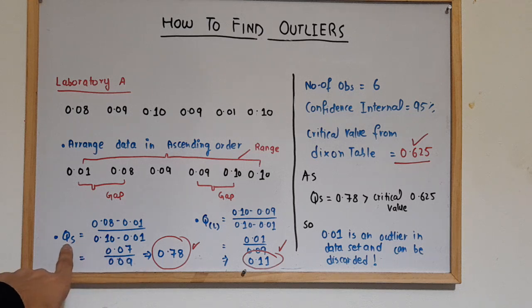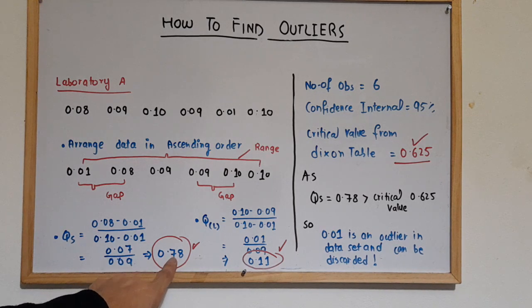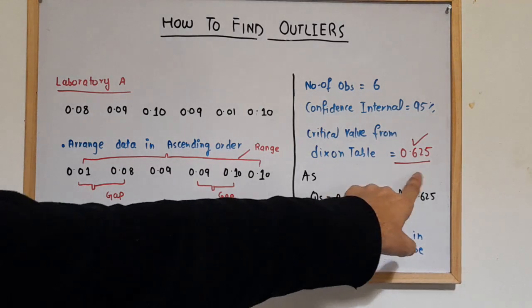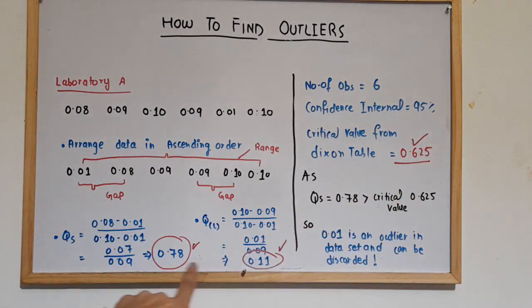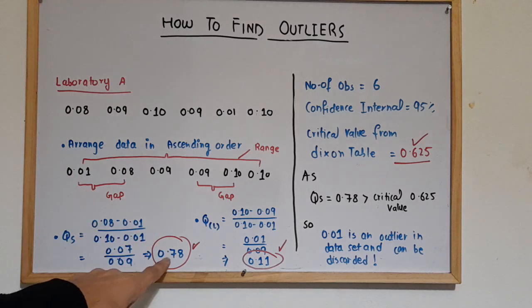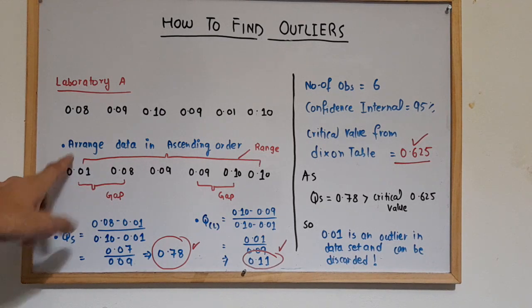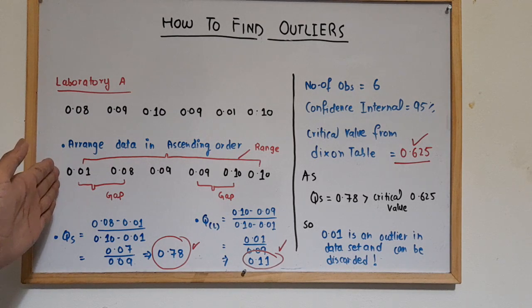On the other side, our QS, the left hand side, our value is 0.78, which is greater than the critical value. If any of these calculated values is greater than the critical value, then that one is an outlier. So the right side is not an outlier, and this is for the smaller, left hand side.